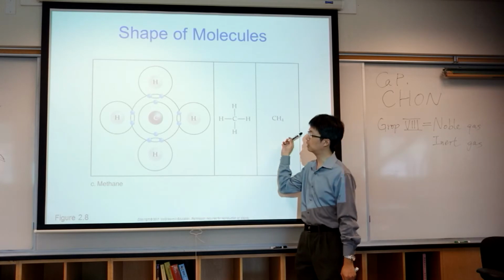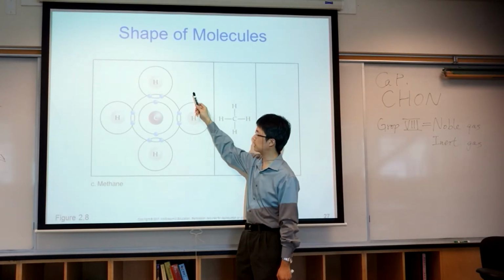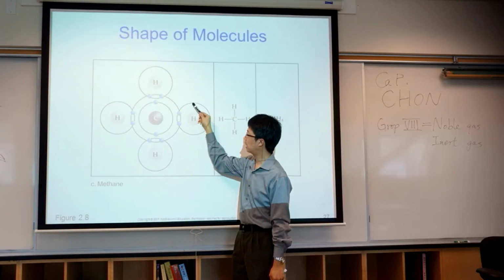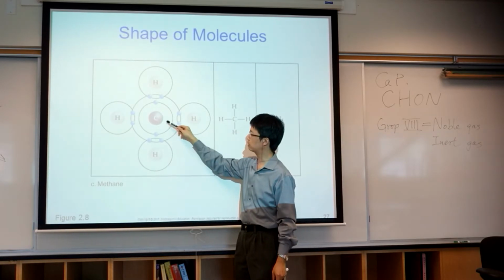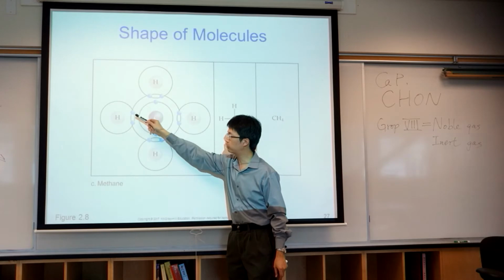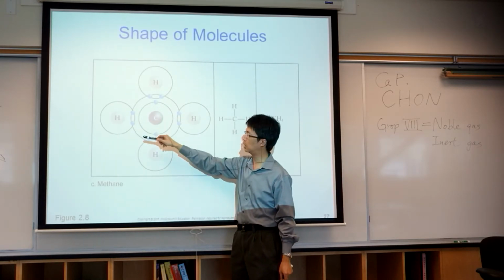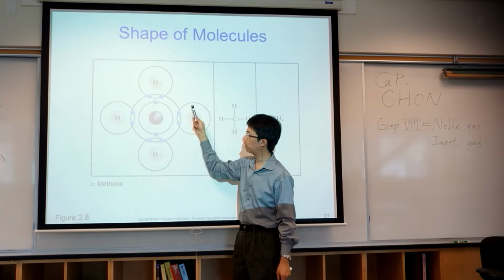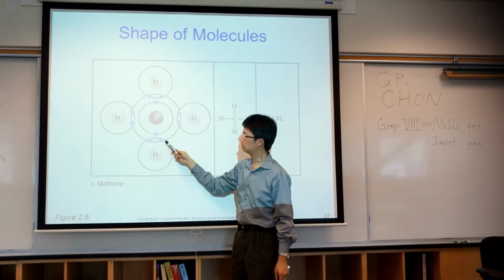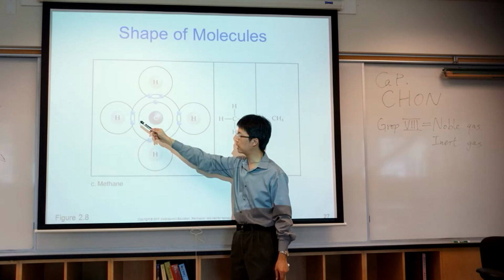So in the plane structure, we can see here that a hydrogen atom only has 1 electron, so it can only share 1 electron with carbon. But carbon has 4 electrons on the outermost shell, the second shell. So carbon shares all 4 electrons, and each electron is shared with 1 hydrogen atom.